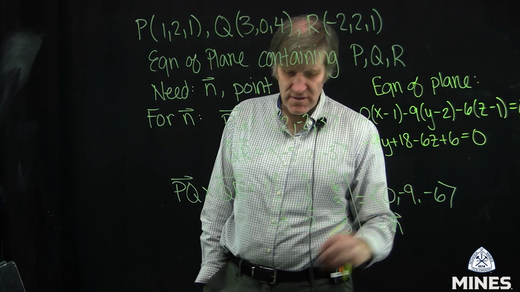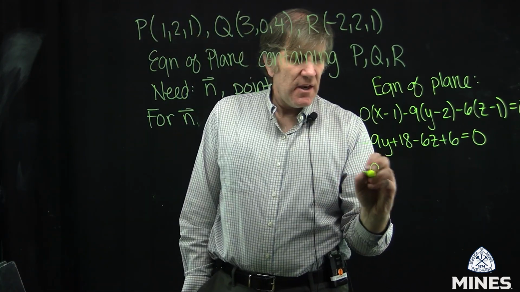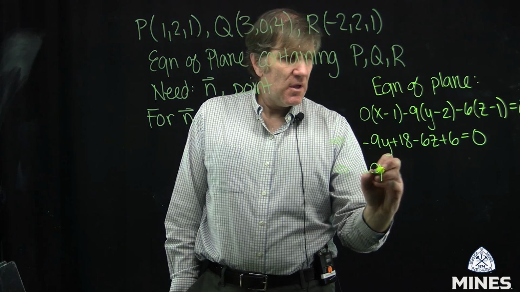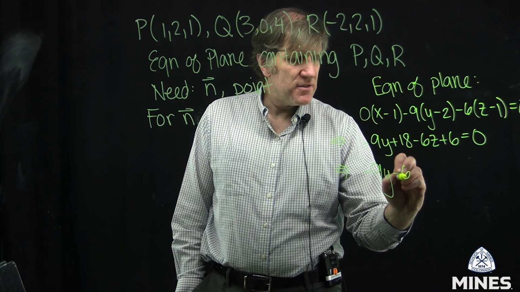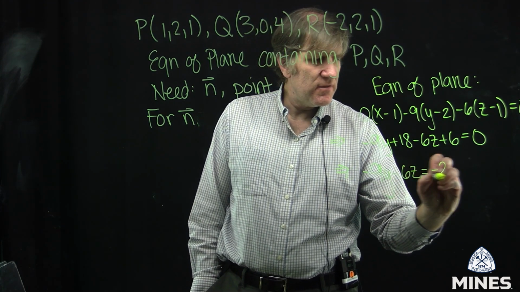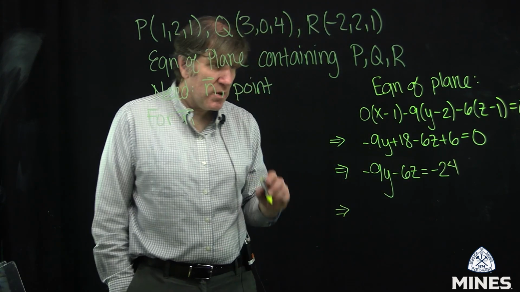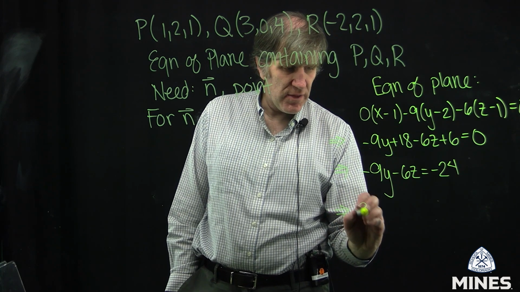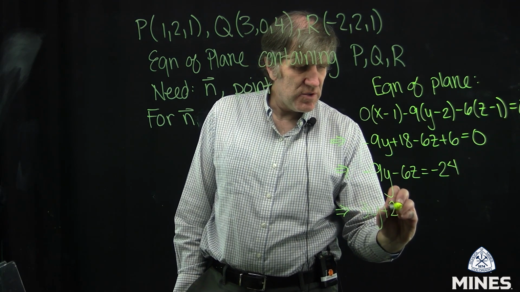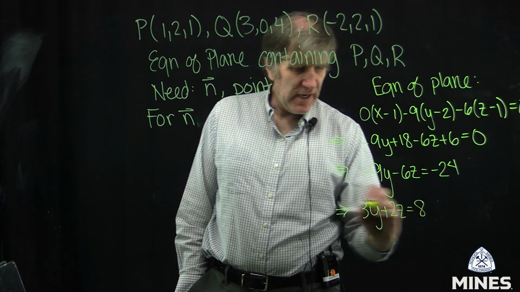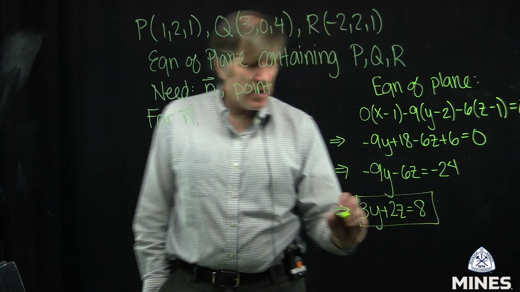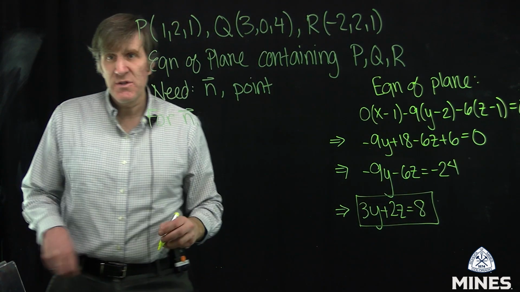So that is negative 9y minus 6z equals negative 24. And I might as well divide that through by negative 3 to get 3y plus 2z equals 8. And that is the equation of the plane containing these 3 points.